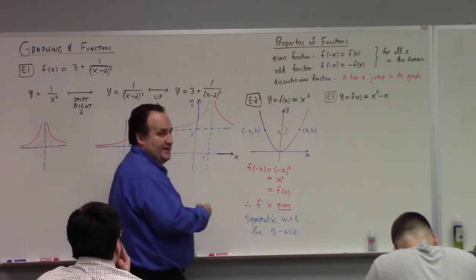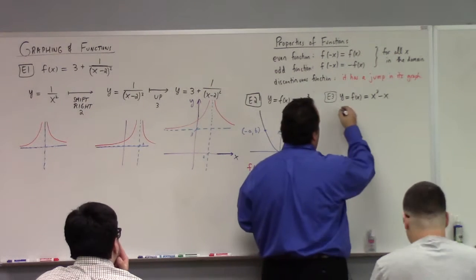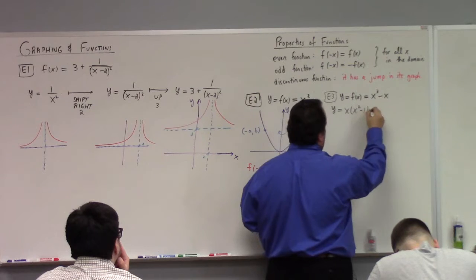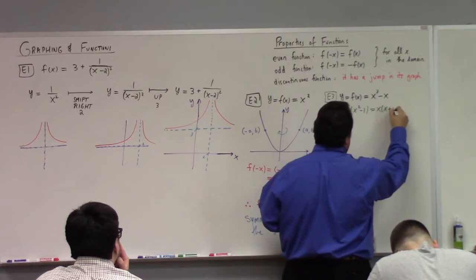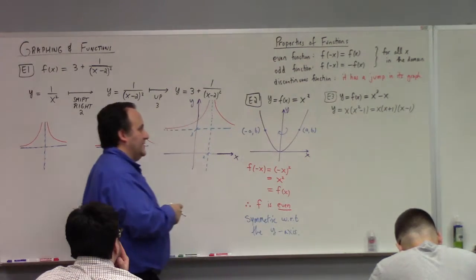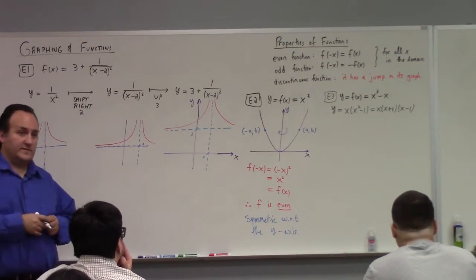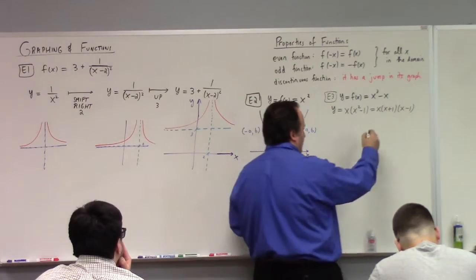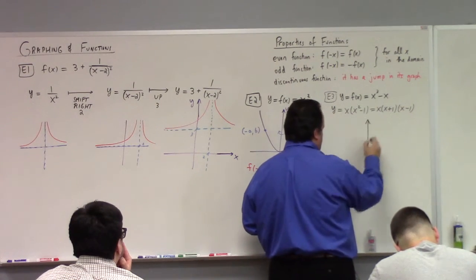All right, so the way we graph that is like so. This is y equals x times (x squared minus 1), which is x times (x plus 1) times (x minus 1). From that, I can see that the zeros for this function are 0, minus 1, and 1 respectively. Those are places where the graph crosses the x-axis.